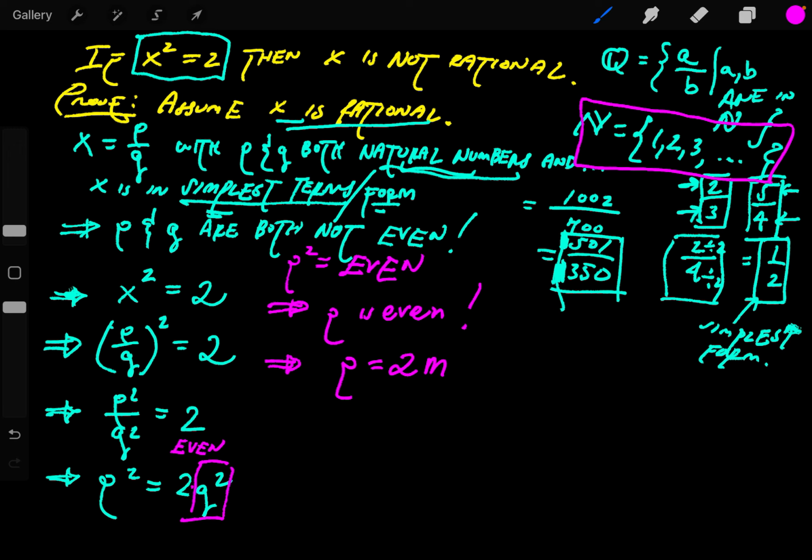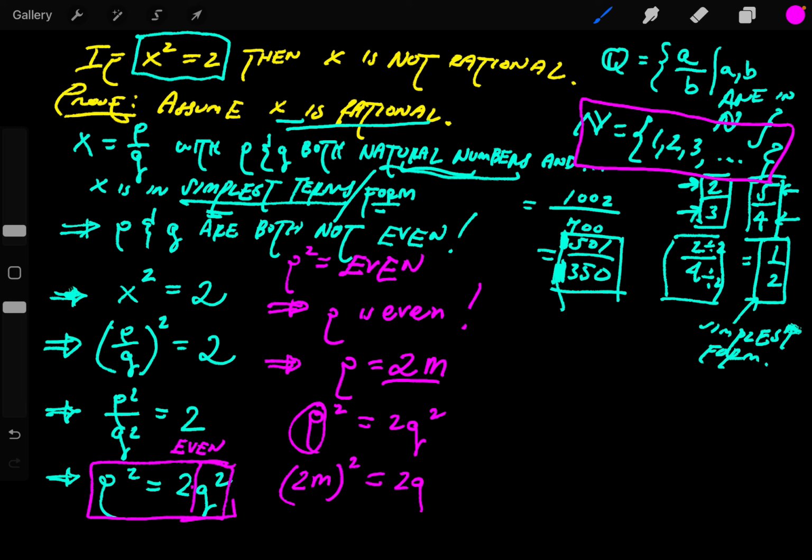And if p is a multiple of 2, then I go back to this equation again: p squared is equal to 2q squared. I just rewrote it, but instead of writing p, I know that p is a multiple of 2, so I write (2m) squared in substitution for p squared, equal to 2q squared.